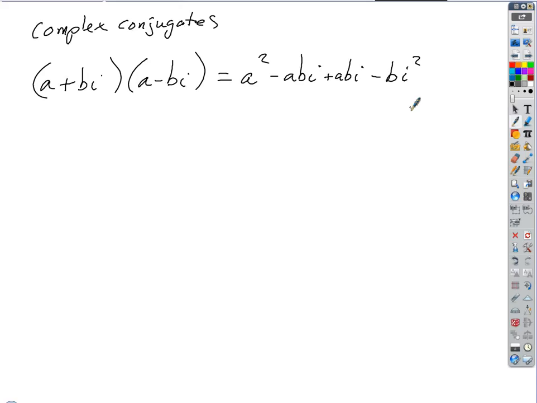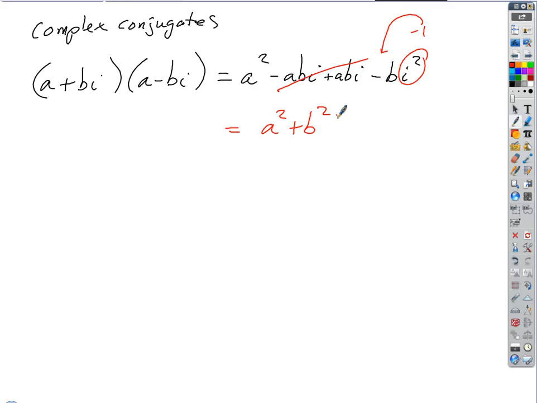Well, look what happens. The middle terms will always cancel, won't they? Those are opposites, a times b times i and negative a times b times i. So those go away, and then the i squared is a negative 1. And so my result is always just going to be a squared plus b squared.